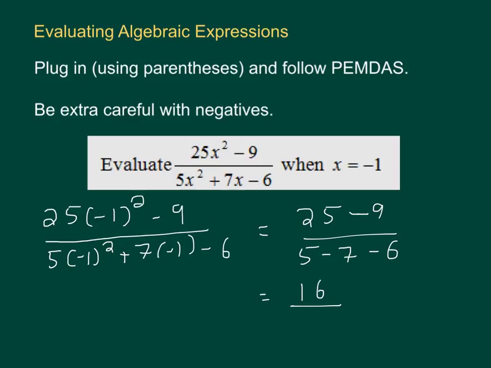My denominator is going to be 5 minus 7, which is negative 2. And then negative 2 minus 6 is negative 8. And 16 over negative 8 actually reduces. And so 16 over negative 8 is negative 2. So this expression is evaluated when x equals negative 1 to be negative 2. And there you go. That's your first review. Hope everything makes sense.